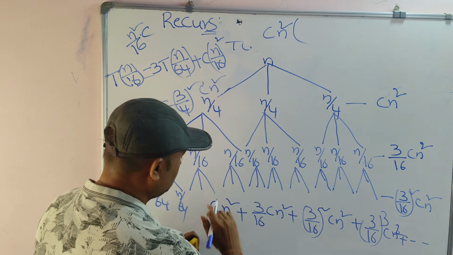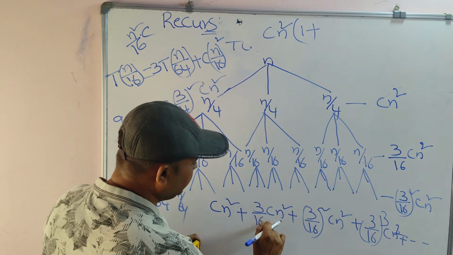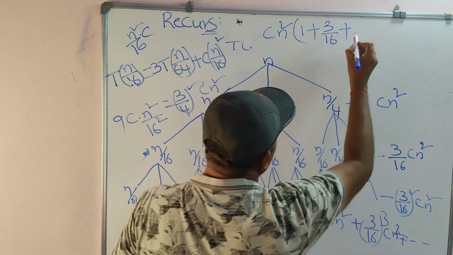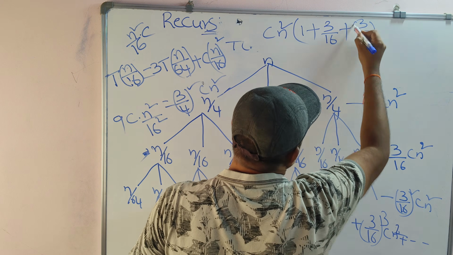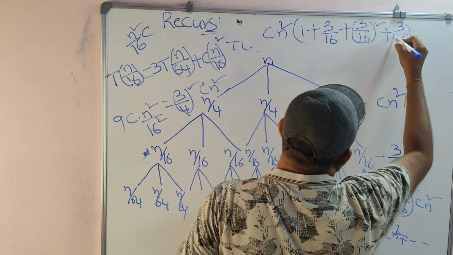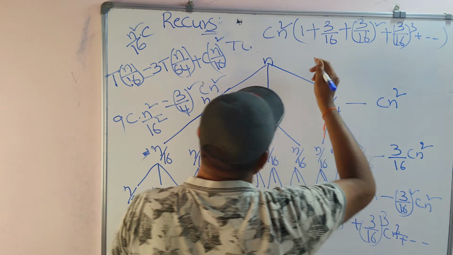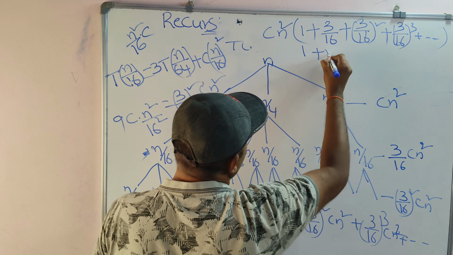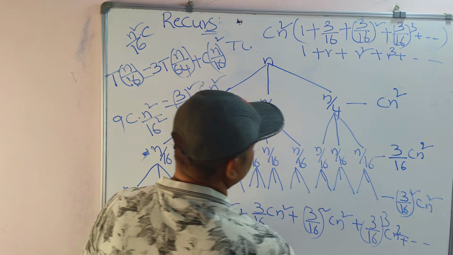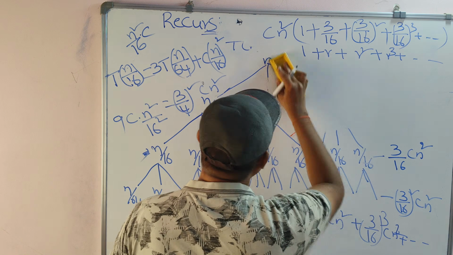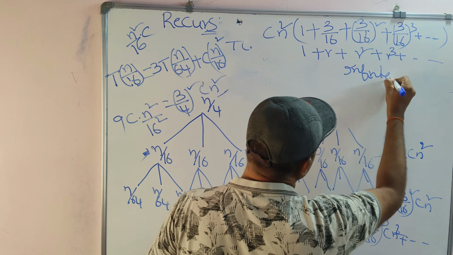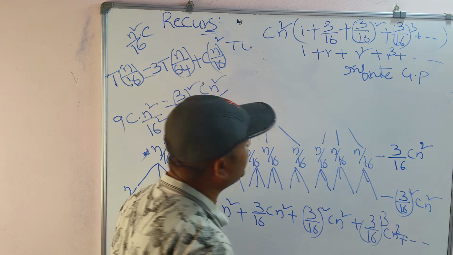Then we get 1 plus 3/16 plus (3/16)² plus (3/16)³, and so on. This series is like 1 plus r plus r² plus r³, and so on. So this is nothing but an infinite geometric progression series.